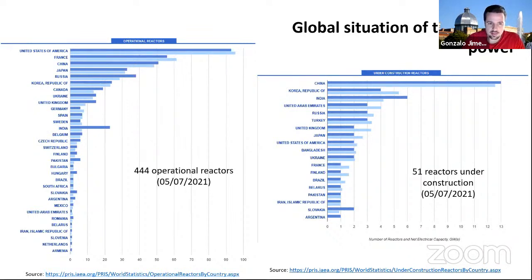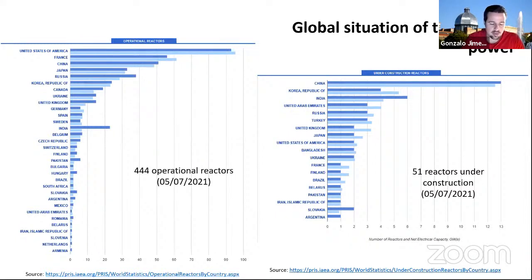It's not the same scenario we have in Europe as the one we are experiencing in Asia, which is building a lot of reactors, as you can see, China, Korea, India, and so on. So, of course, there are big differences between regions, but the global message is that a lot of attention is paid to the construction of new reactors.